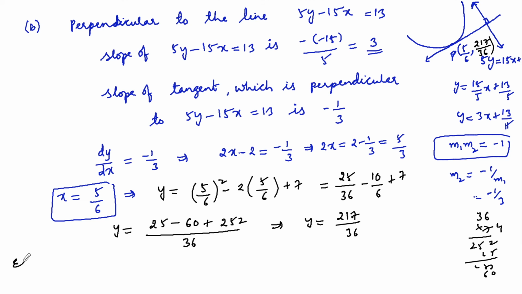So the equation of the tangent can be written as y minus y1, that is y minus 217 by 36 is equal to m, the slope, which is minus 1 by 3, times x minus 5 by 6.